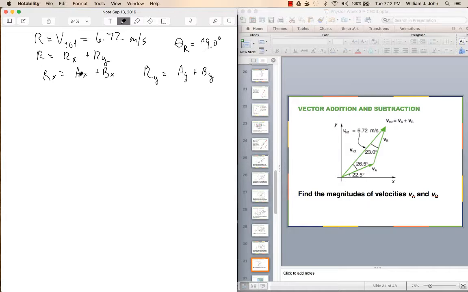And so that's going to be VA cosine theta plus VB cosine theta is going to equal Rx, and this is going to be VA times cosine, and theta for A is right here, 22.5, and VB cosine of 26.5, and that's going to equal Rx.